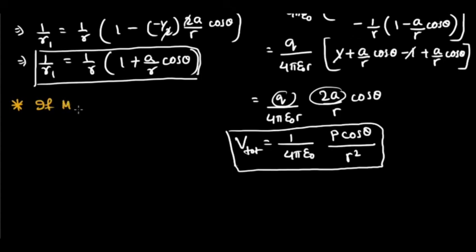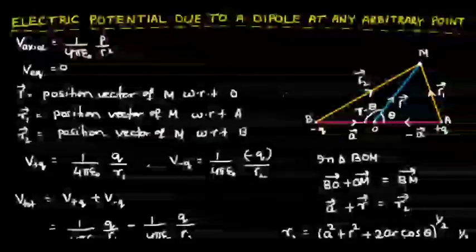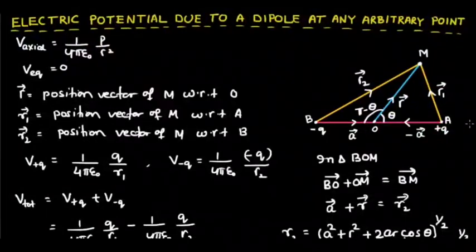If the point M is an axial point, then what will be the value of theta? Let us go back to the diagram here. If the point M lies along the axis, then the angle made by the position vector with respect to O, and the dipole moment, meaning the angle between this blue line and this red line, will be 0 degree.